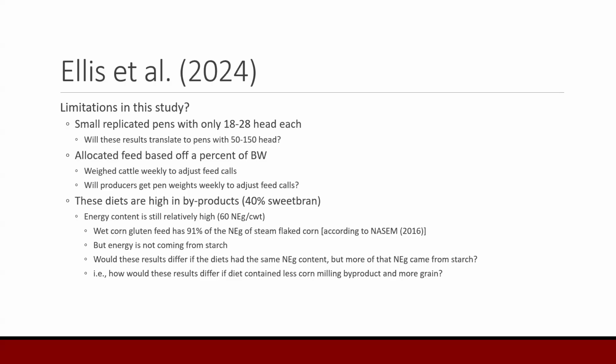So if I were to replicate this study and I reduced byproduct feeds and increased grain, would it be a different story? I don't know. Okay, I think I said all that.